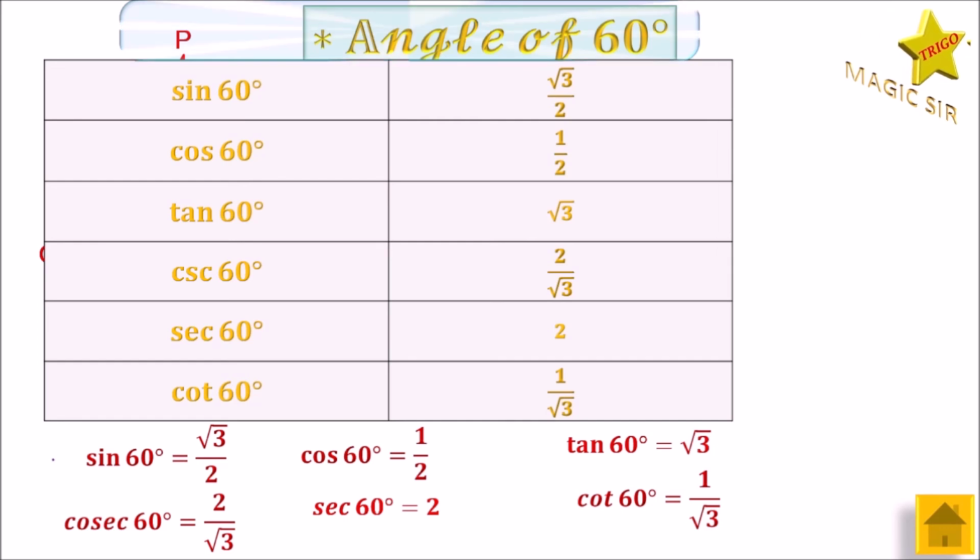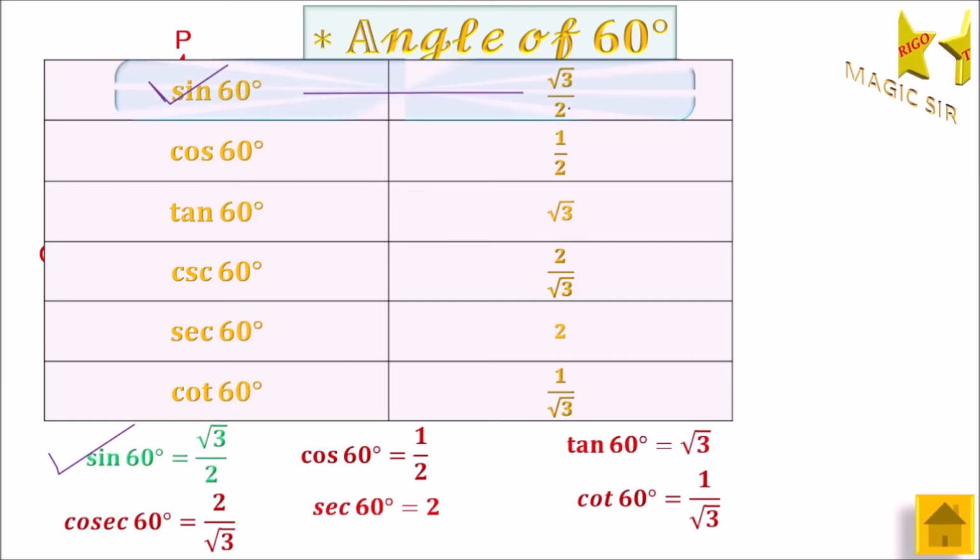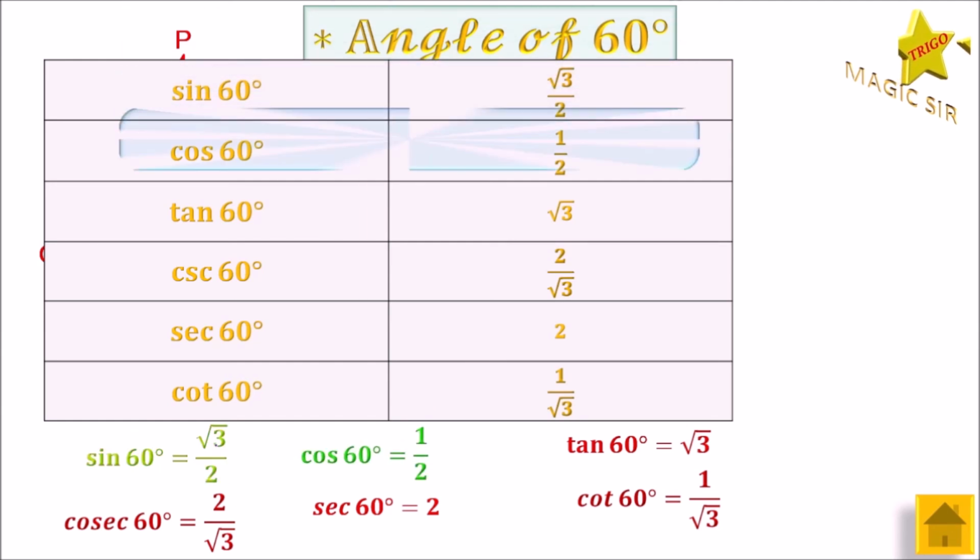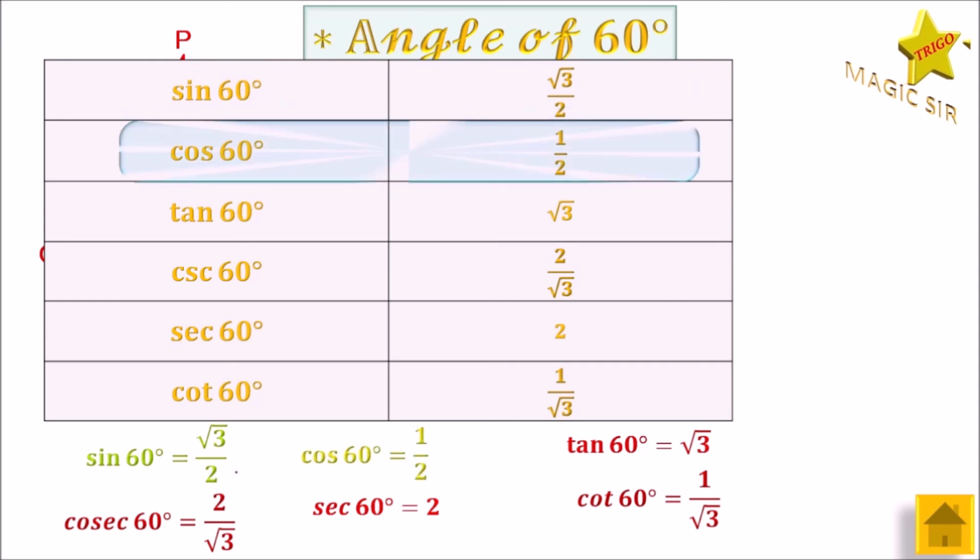Sin 60 is equal to root 3 by 2. See the animation in the first row of the table. Cos 60 is equal to 1 upon 2.